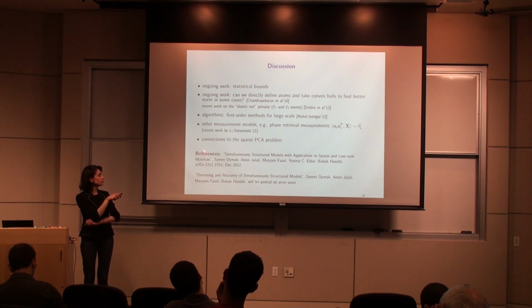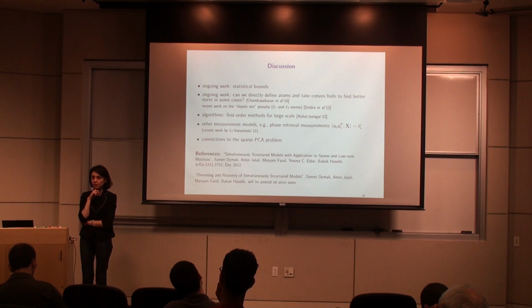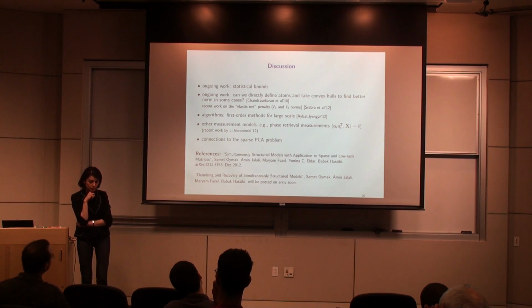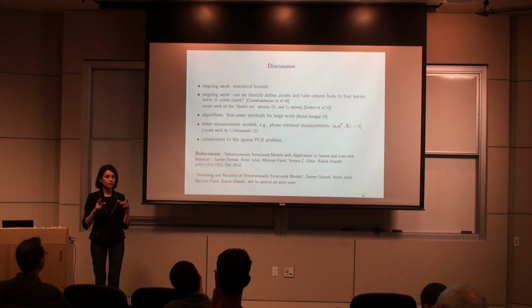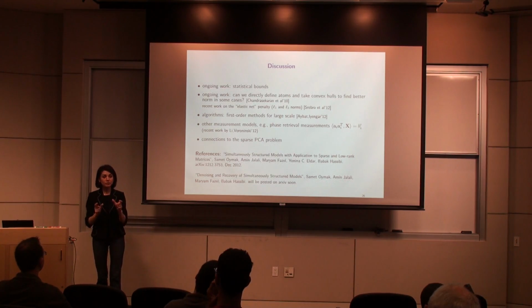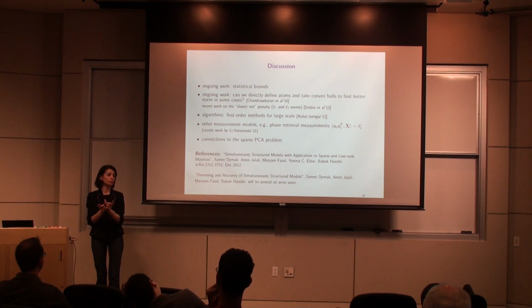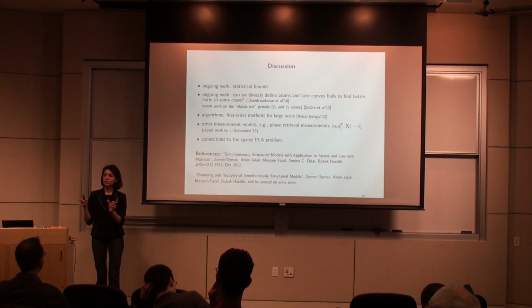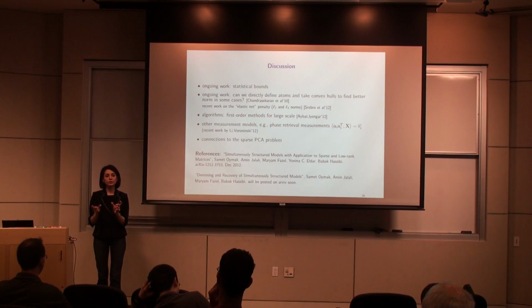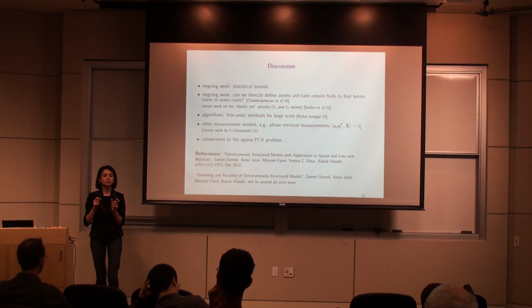And finally, there's an intriguing connection to the problem of sparse PCA, in which you would like to find the principal components of a matrix, but you would like the principal components to have as many zeros as possible. So let's say, the top eigenvector, but having a lot of zeros. That would help you identify, for example, only a few of your variables, or a subset of your variables, that are important as your main components.